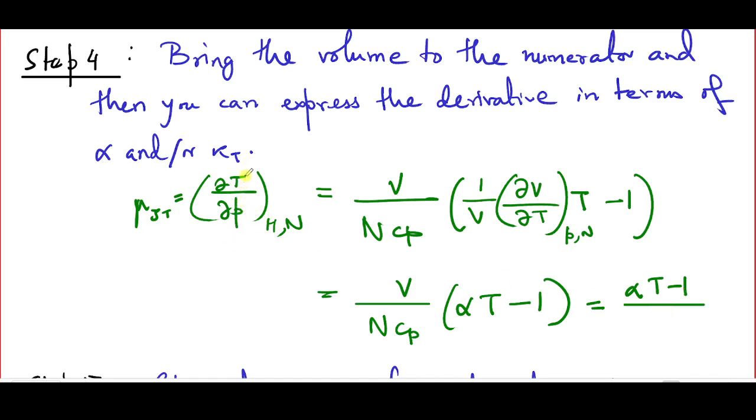But now we can see that this quantity, which after all is a derivative of an intensive variable with respect to an intensive one, is actually intensive. And you can see that explicitly by seeing that this is small v, alpha T minus 1, by Cp. Small v being, of course, the molar volume. So this actually concludes the reduction for us.